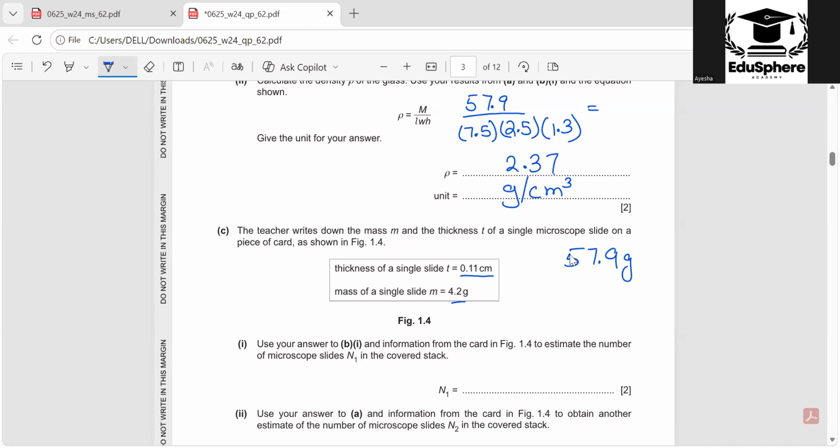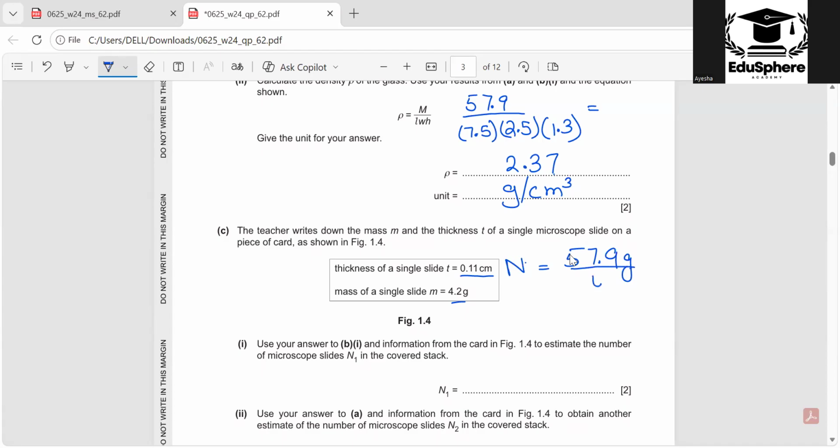Now, there are two options for calculating the number of slides in the covered stack. One option is to use the mass of all the slides divided by the mass of a single slide. This will be N1.